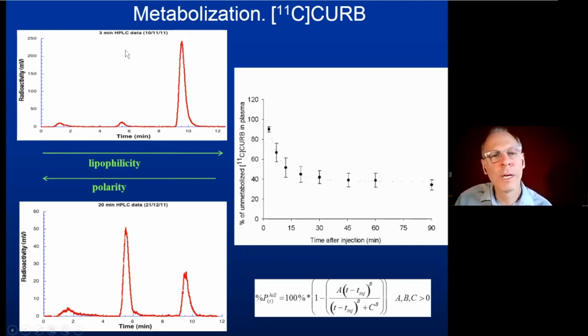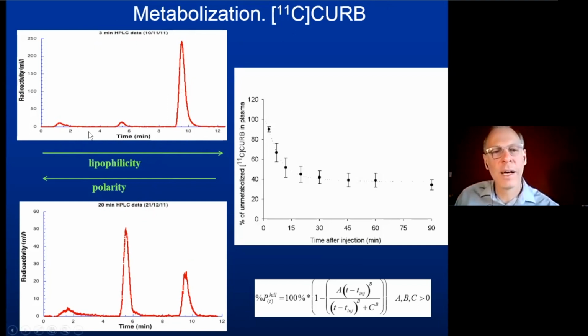At 3 minutes after injection, the HPLC shows a very big peak that corresponds to the compound that we injected, basically curve, and 2 small peaks that correspond to the radiometabolites of curve. At 20 minutes after injection, there is very little curve and a lot of radiometabolites.